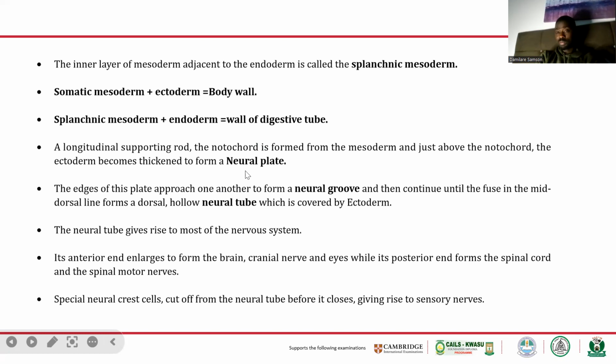You will appreciate all those things more when we do animal diversity, because we will explain them based on the animals that have them as organisms develop.